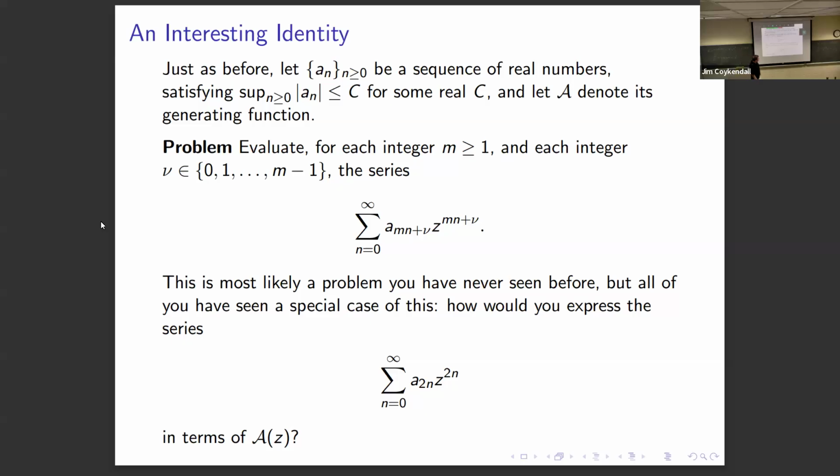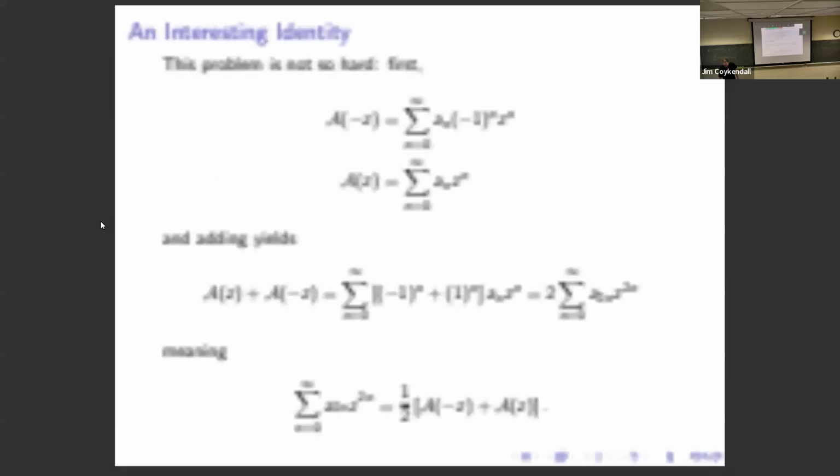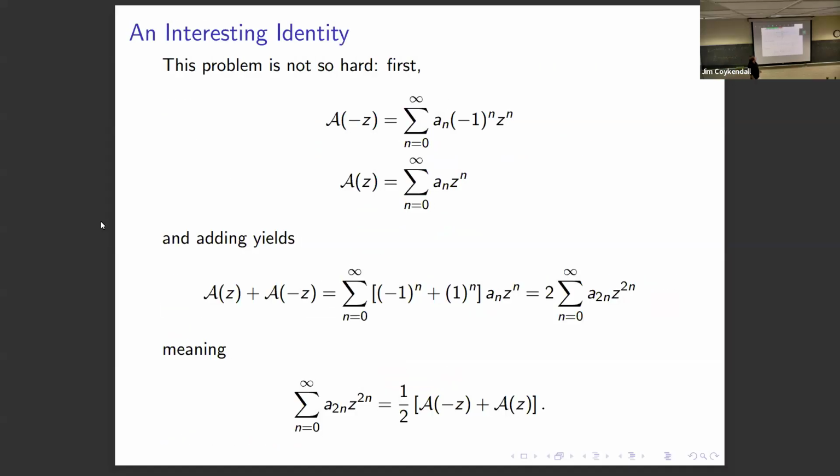How would I get that? Well, there's a very simple trick. The main thing is to realize that I should take the generating function and evaluate it at negative z and also z. Now look at what happens when I do that.